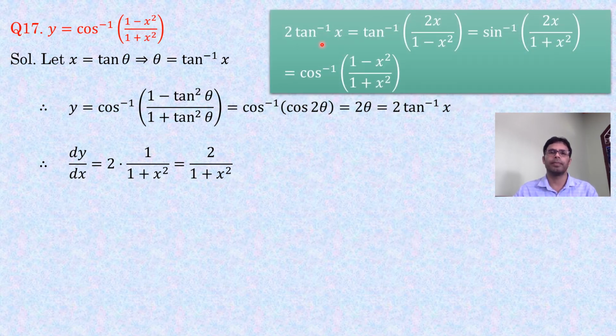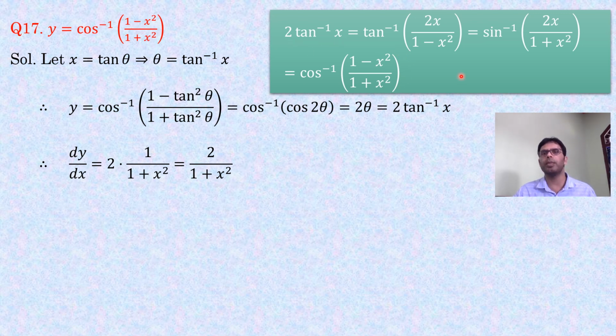You see this one, 2 tan inverse x will be equal to tan inverse of 2x by (1 minus x square), and that is also equal to sine inverse of 2x by (1 plus x square), and that is also equal to cos inverse of (1 minus x square) by (1 plus x square). And here I am using this term is equal to 2 tan inverse x.